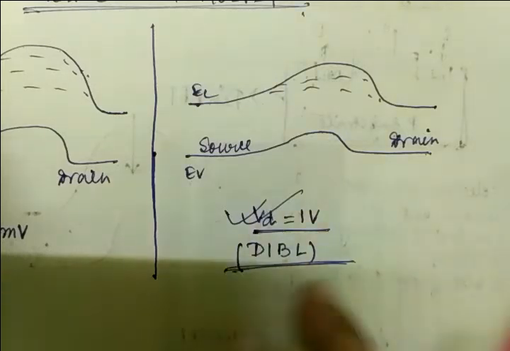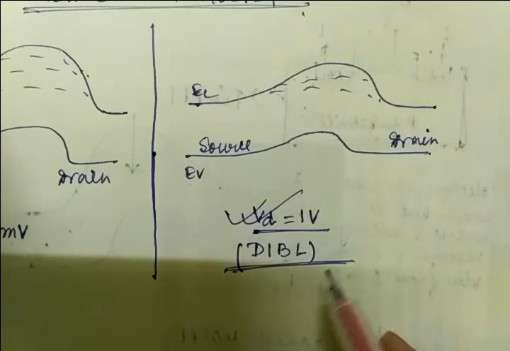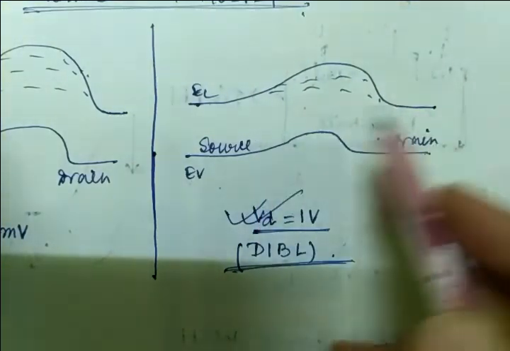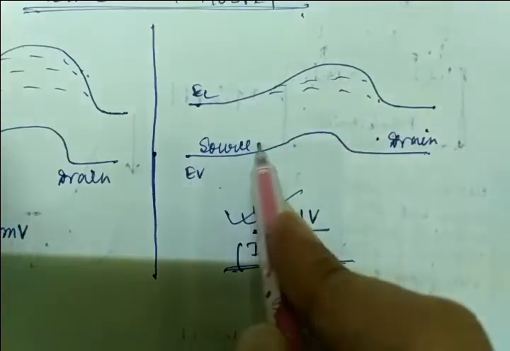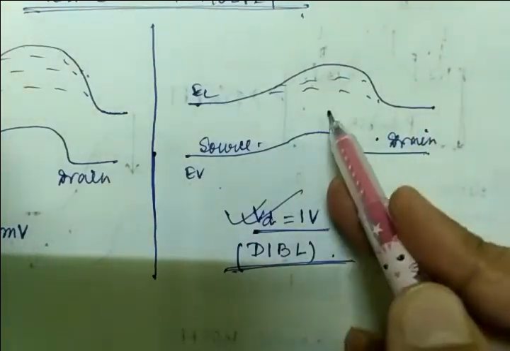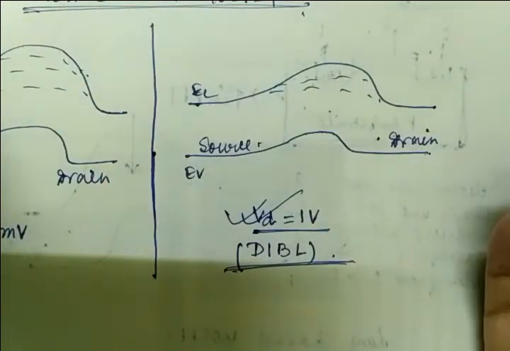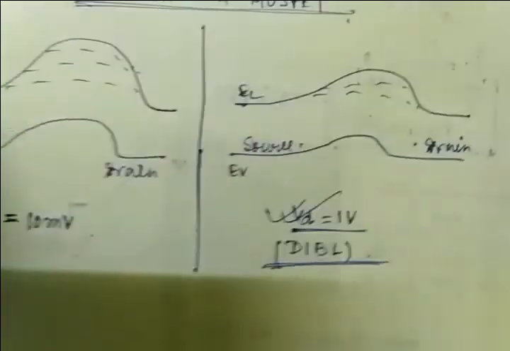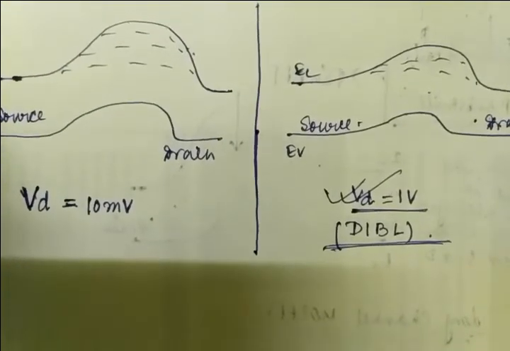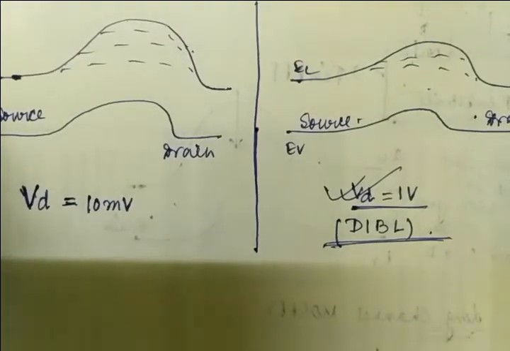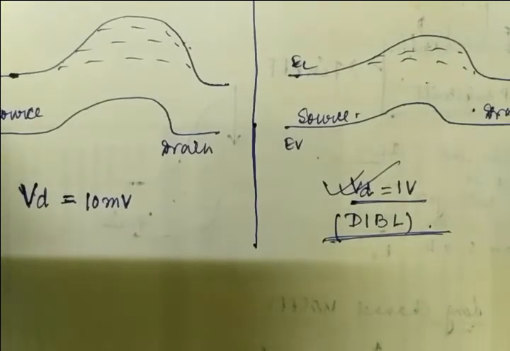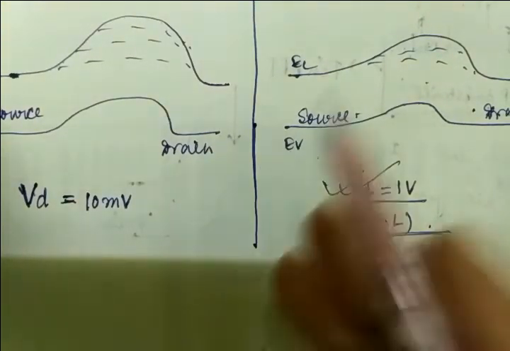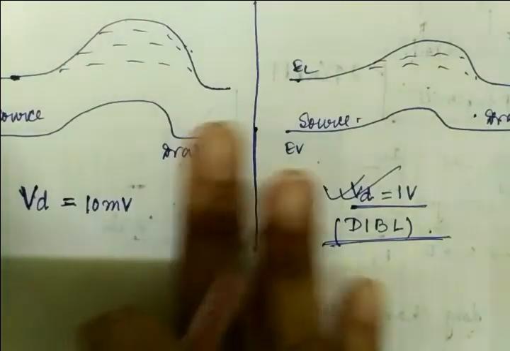So this is a very big problem, because the drain is taking the control from the gate, and this means that the barrier for the electrons to flow from source to drain is not only affected by the gate voltage, but also by my drain voltage. So from this discussion, what is my conclusion? Please listen very carefully: whenever the gate voltage is 0, as we have already discussed previously, there is no current.